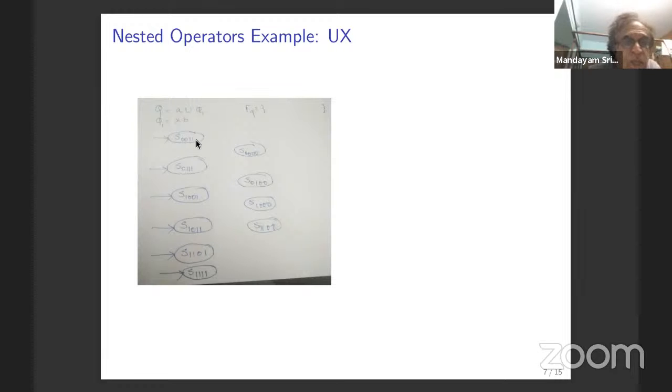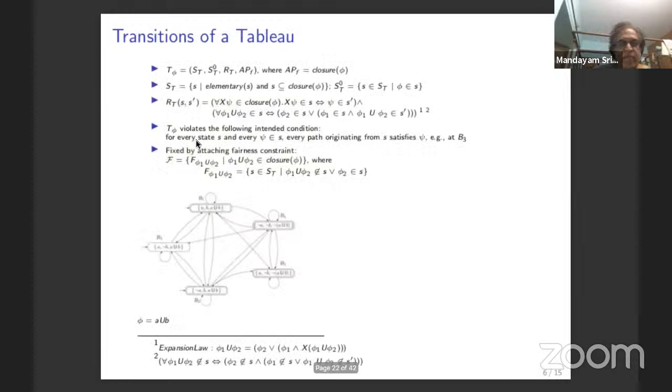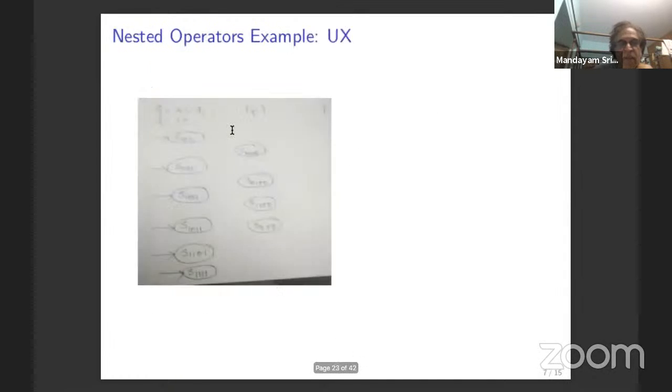Out of those, I have only kept those that are elementary, eliminating those that violate propositional consistency and local consistency, and those that are not maximal. So these are the remaining states.